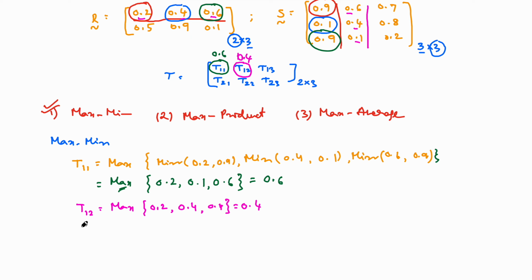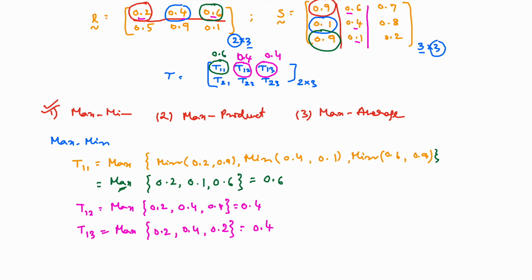In a similar fashion I will find out T13, which is equal to maximum of 0.2 and 0.7, so the minimum is 0.2, and 0.4 and 0.8 the minimum is 0.4, 0.6 and 0.2 the minimum is 0.2. So the maximum out of these three is 0.4, and this should be written here, it is 0.4. And the next thing will be T21.